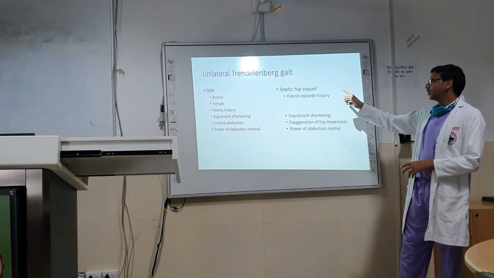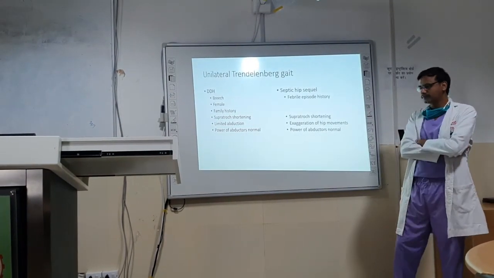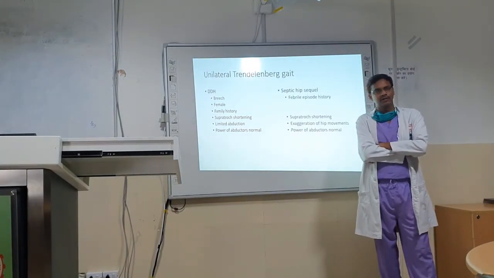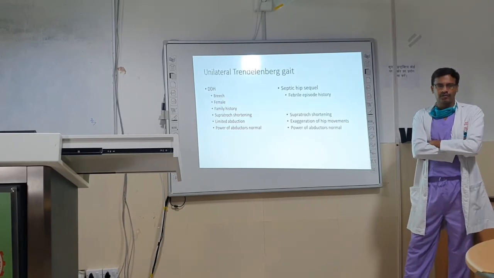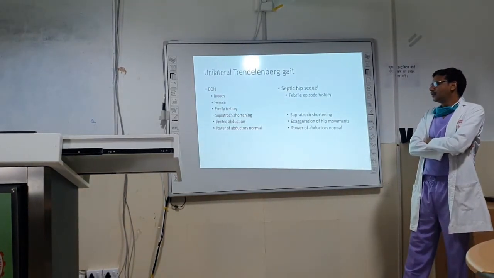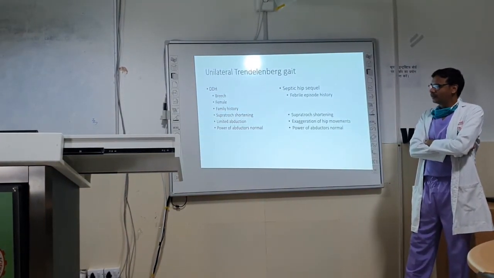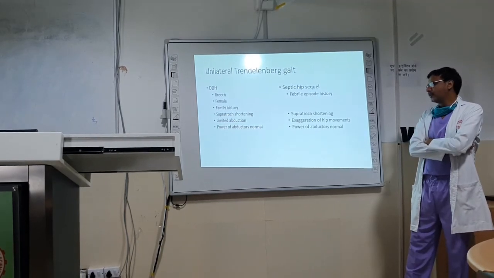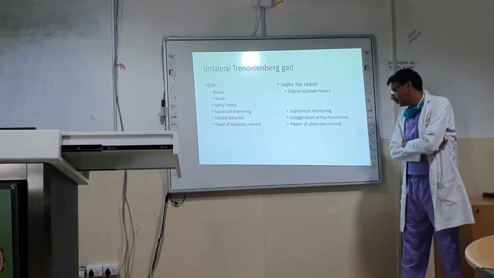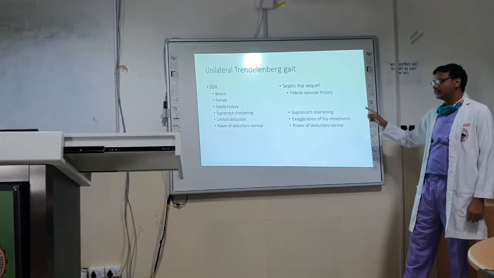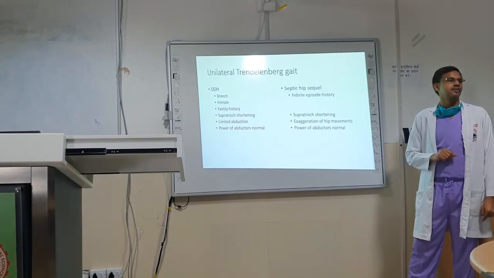Now coming to this side, that is septic hip sequelae. There may be history of nursery admission, there may be history of febrile episodes during childhood. Then it may involve any gender, male or female. Family history will not be there. Supratrochanteric shortening again will be there. Important point: exaggeration of hip movements.